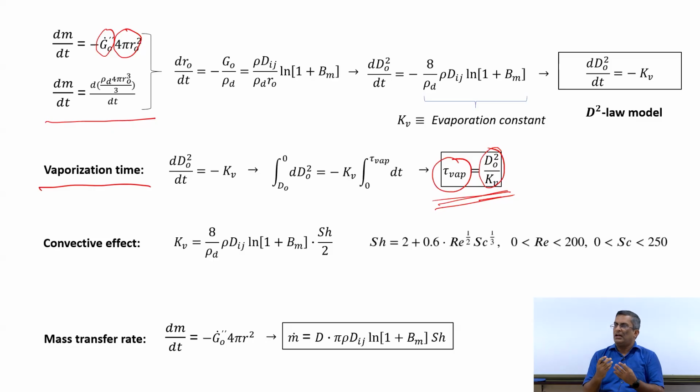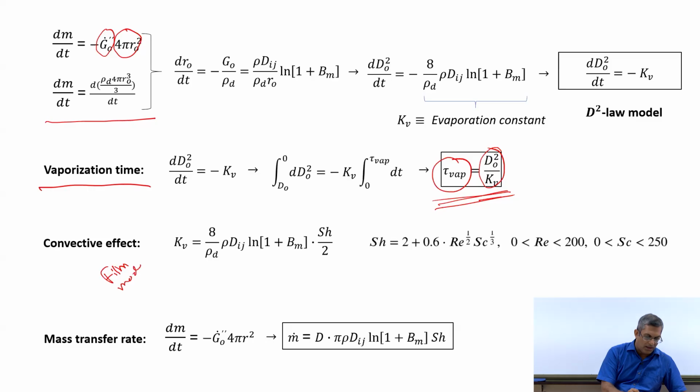And how does that affect the evaporation process? Intuitively, you can think that if you have higher relative velocity, then the evaporation process should be promoted. So, for that purpose, here we rely on another model. I am not describing that model here.